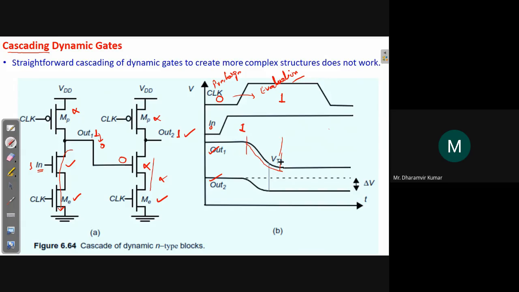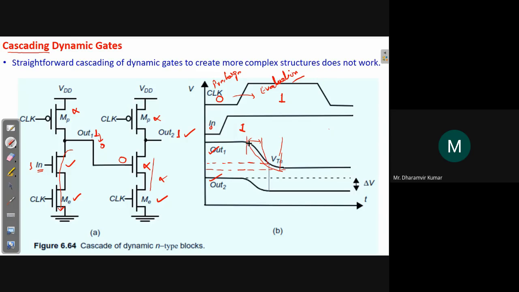The point here is that since this takes some time to change from 1 to 0, for a certain duration of time it was actually at a higher level, and if this is the threshold voltage mark, then for this much duration of time it was above the threshold level of NMOS.